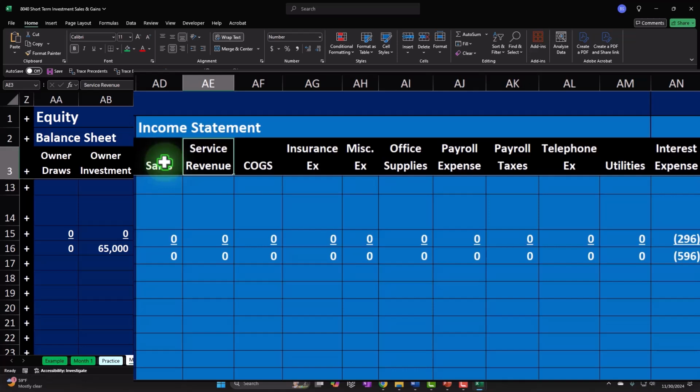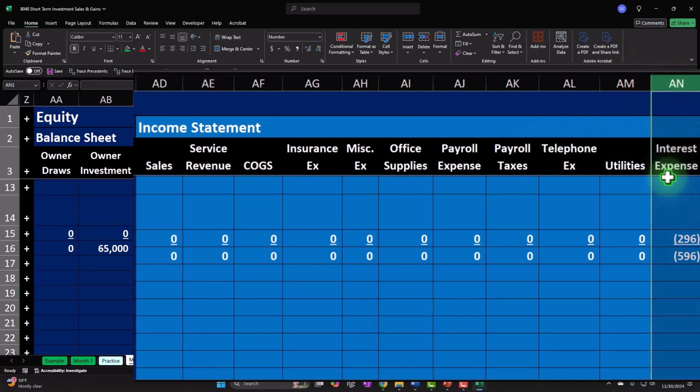So you would think that I would put realized gains like here. But I'm not in the business of selling stocks and bonds, and therefore I might put it at the end of the income statement because I'm going to put it in other income. And that means that it's going to be on the bottom of the income statement.